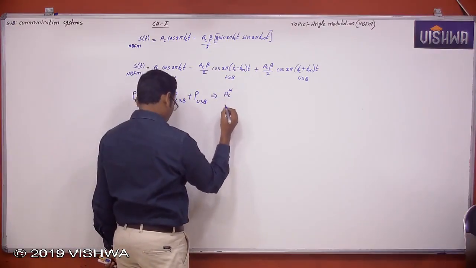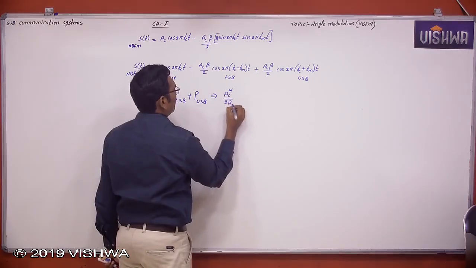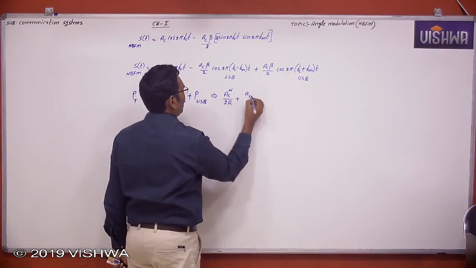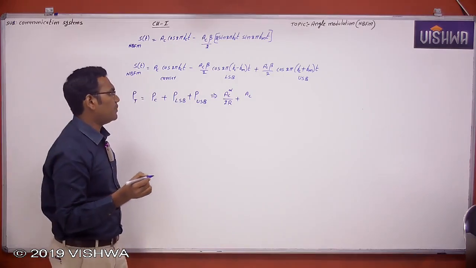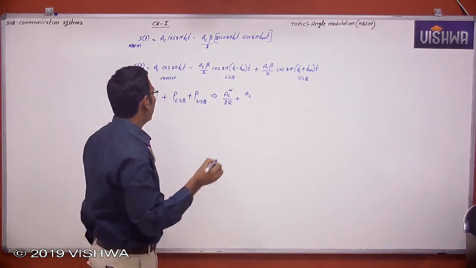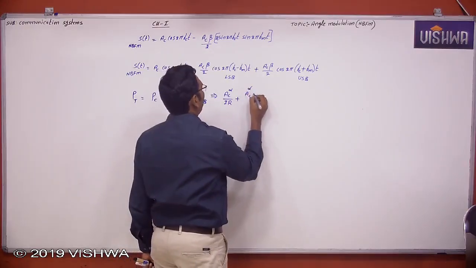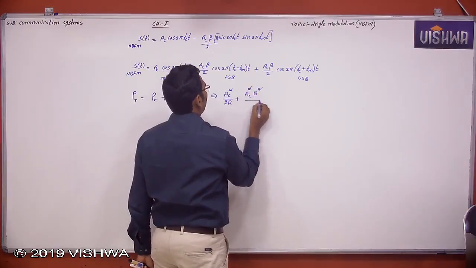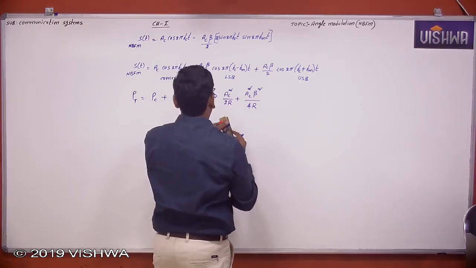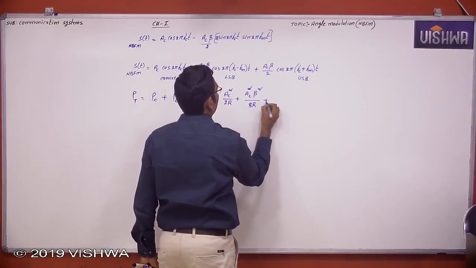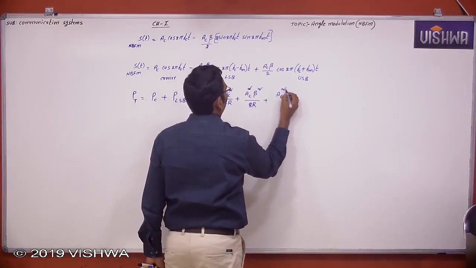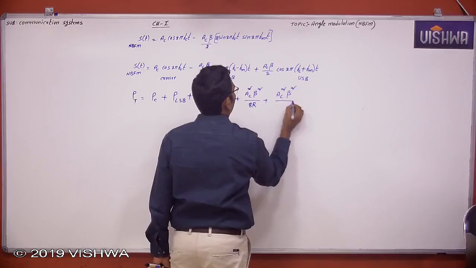Ac squared by 2R, plus, since all are analog sinusoidal continuous wave signals, the RMS value is peak amplitude divided by root 2. Ac squared beta squared by 4R, oh sorry, 4 into 2, 8R, plus Ac squared beta squared by 8R.